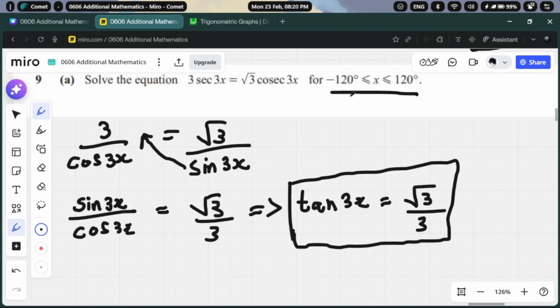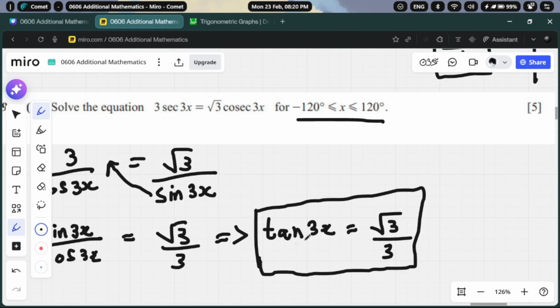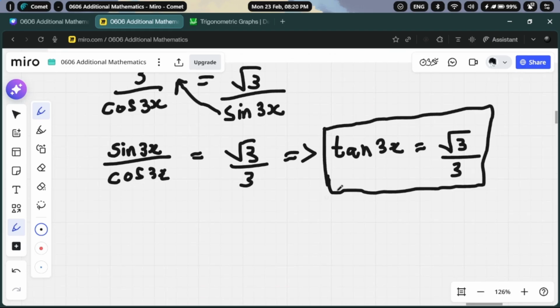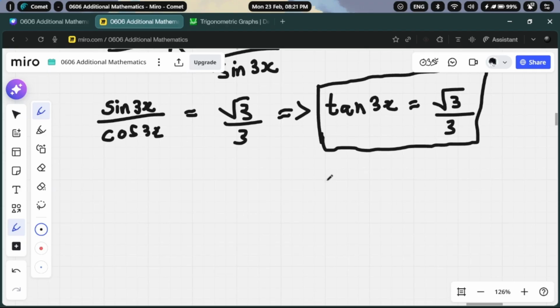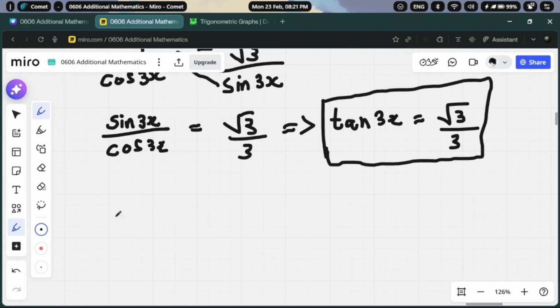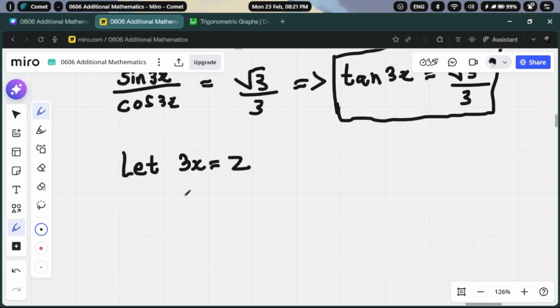So first of all, since we are dealing with a tan 3x graph, it would obviously have some sort of a transformation. But what you can do is encode 3x to a new variable. So you start off by saying let 3x equal z, for example. So you'd get tan z is equal to root 3 by 3.